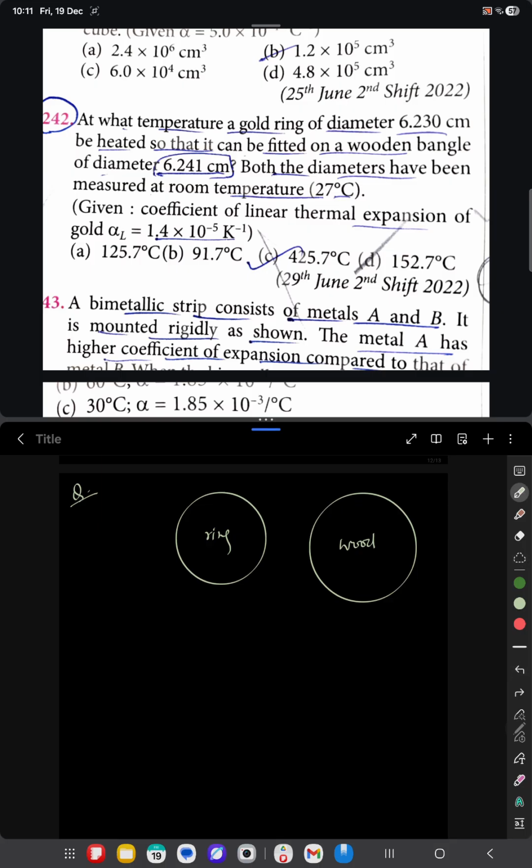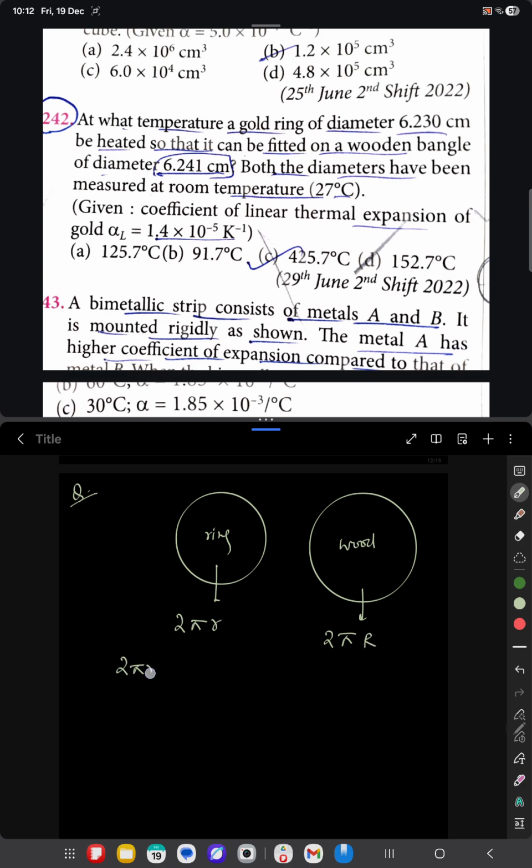So let's assume this is D initial and D final, and this perimeter you may write as 2 pi r initial, and you need to make this 2 pi r initial to 2 pi r final, which is 2 pi capital R.